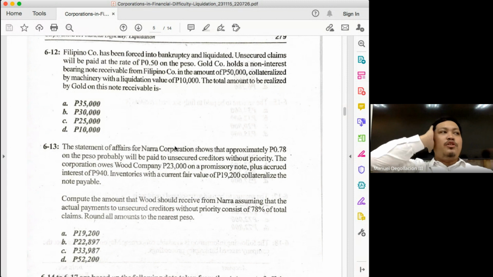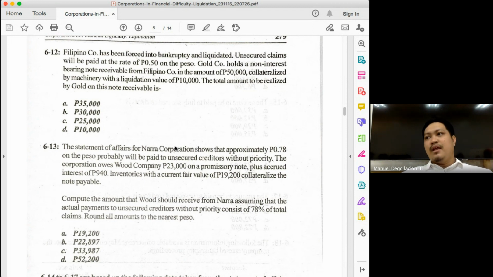Is it fully secured, partially secured, unsecured with priority, or unsecured without priority? The non-interest bearing note, what kind of liability is this one? This is partially secured. Why do we say it is secured? Because again, a machinery is collateralized to pay off the liability. But why only partially secured? Because the amount of the security is lesser than the amount of the claim.